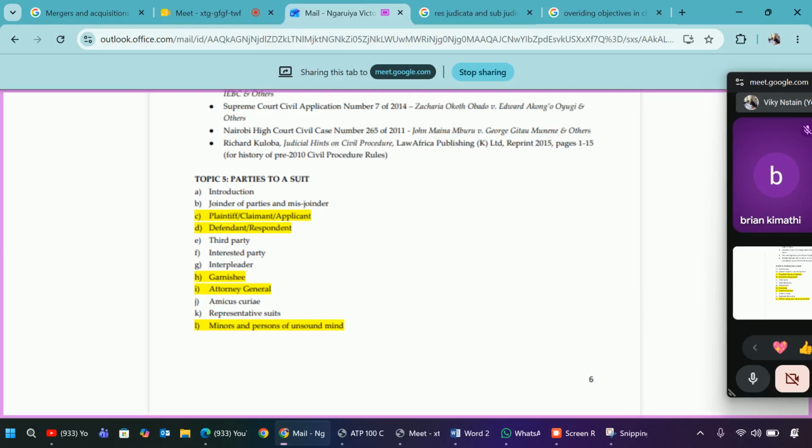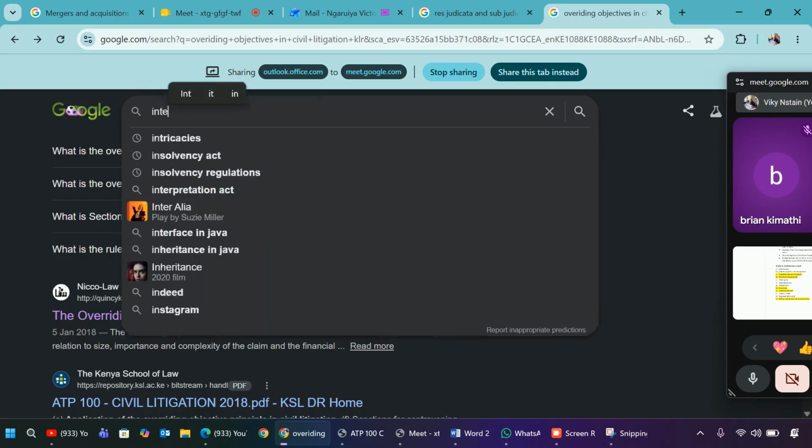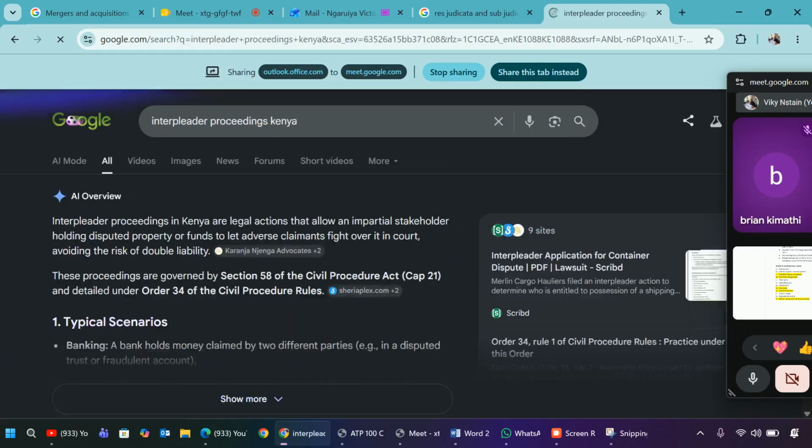Key takeaway from this part is to look at interpleader proceedings in Kenya.